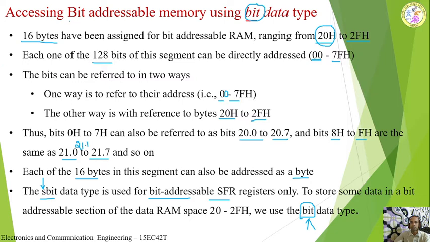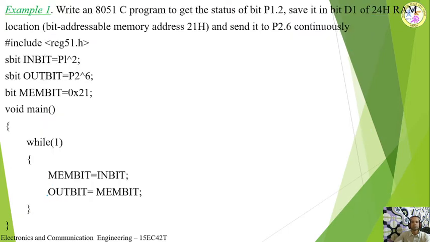Whereas the sbit keyword is used to access SFR bit addressable registers. We know that SFR registers are there, and out of these many SFR registers, a few are bit addressable. To access a particular bit of a bit addressable SFR register, we are going to use the keyword sbit.